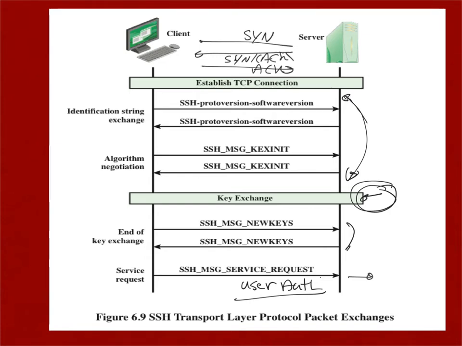Okay. So here, the first phase is for initialization. In this phase, what we negotiate or what we agree on is what are the techniques that we are going to use, okay, to perform mainly key exchange. So the first is key exchange.